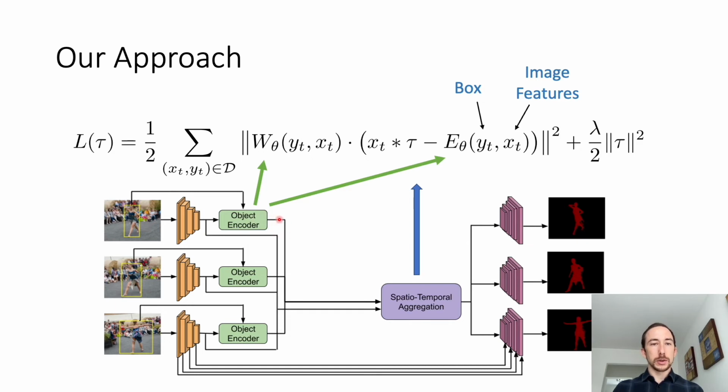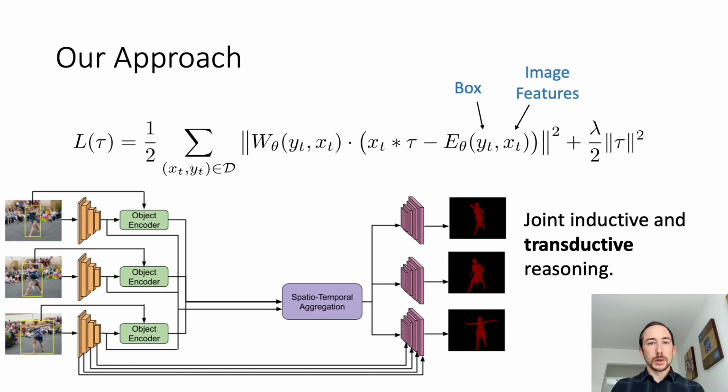So the object encoder gives us the label encoding and the weighting of the objective, as we saw in learning what to learn. And then we simply solve this objective using the same algorithm, the steepest descent algorithm as we saw in the previous learning what to learn method. Note that there are some very important and interesting differences here though.